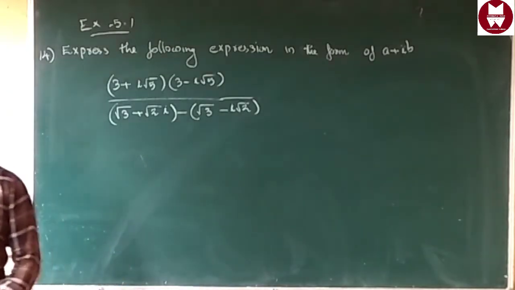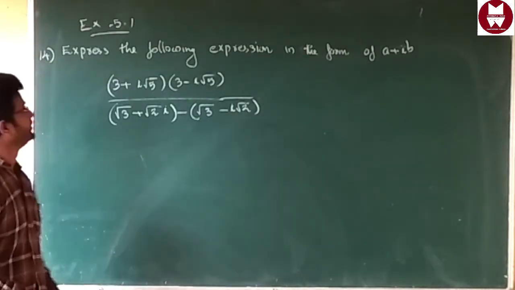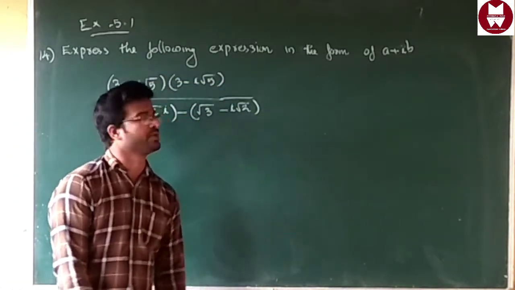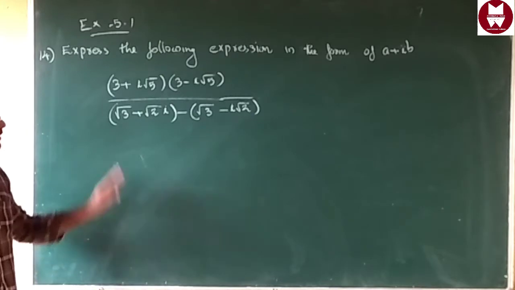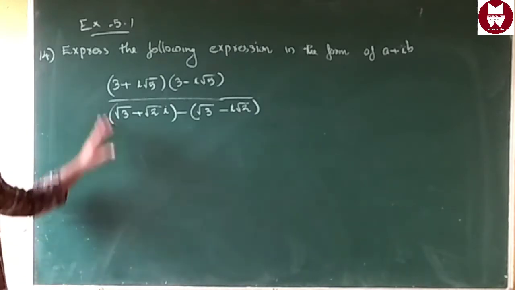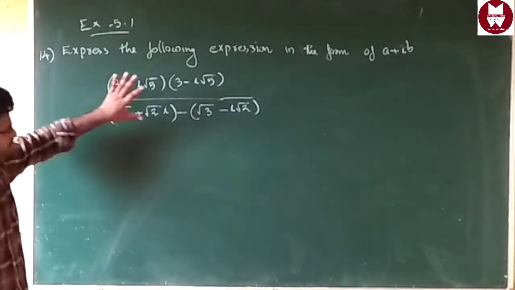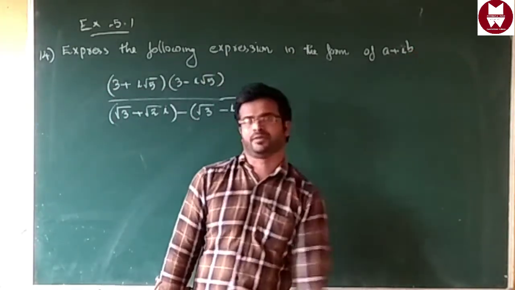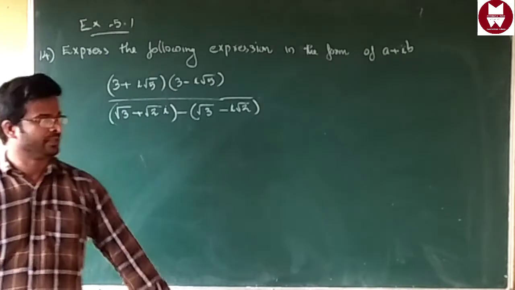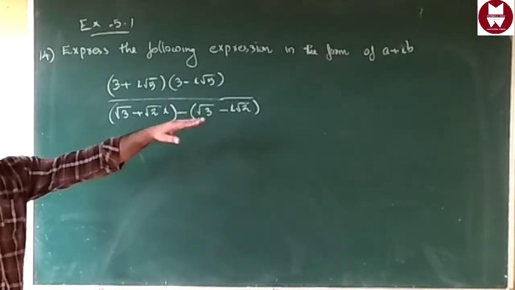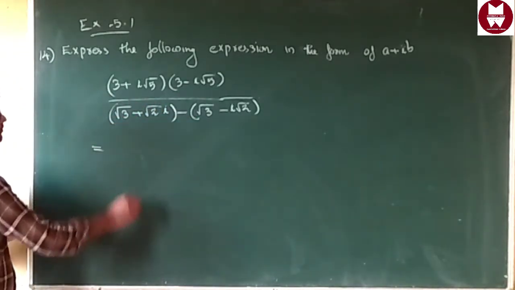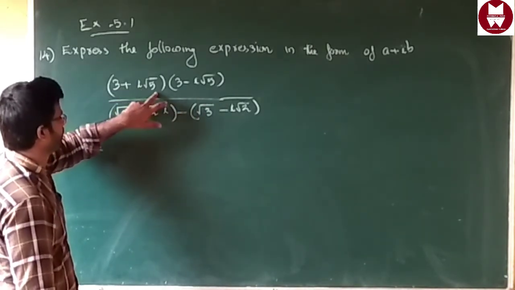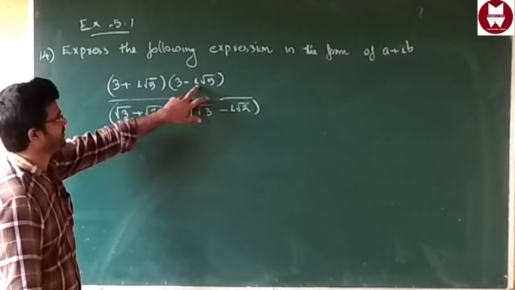Now we can see question number 14. Express the following expression in the form of a plus ib. Here one complex number is given. This complex number we have to express in the form of a plus ib. Just remove all the brackets. In the numerator part, 3 plus i root 5 into 3 minus i root 5.